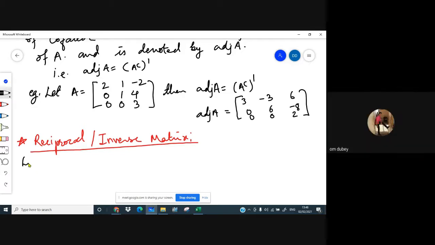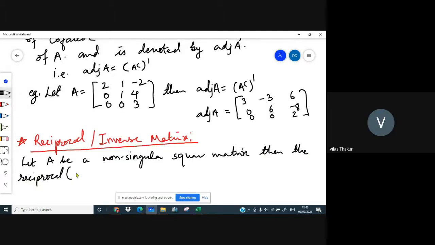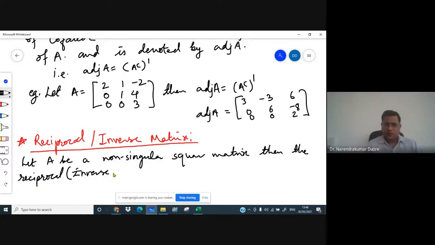So let A be a non-singular square matrix, then the reciprocal or inverse matrix of A is denoted by A inverse.